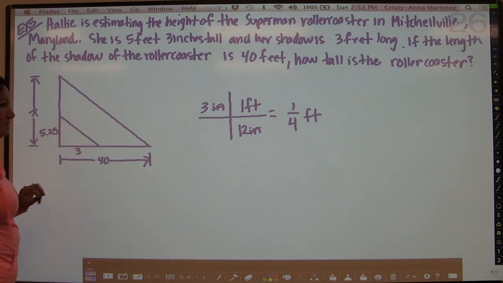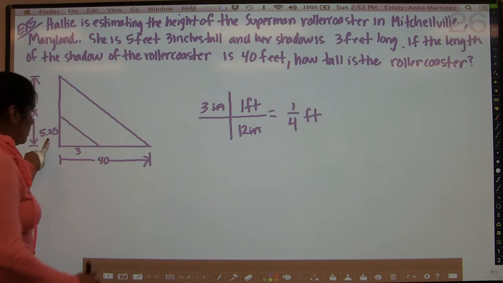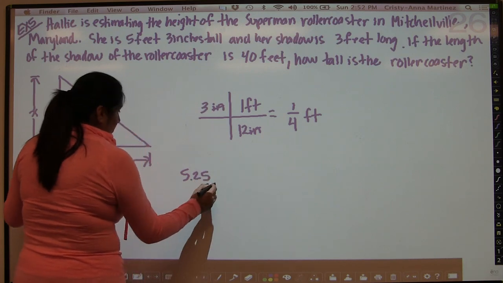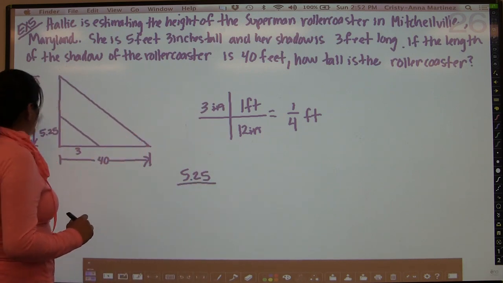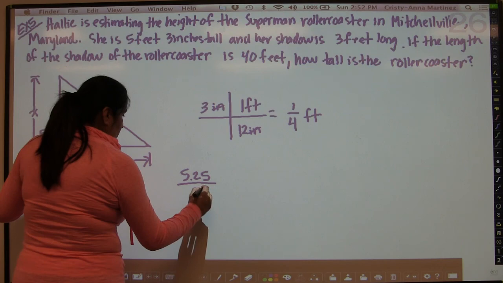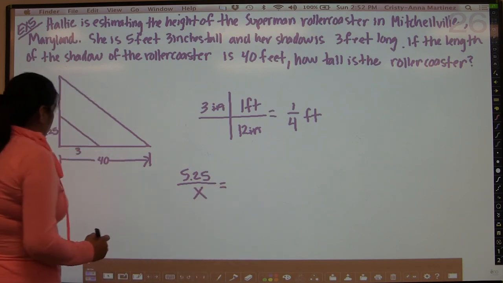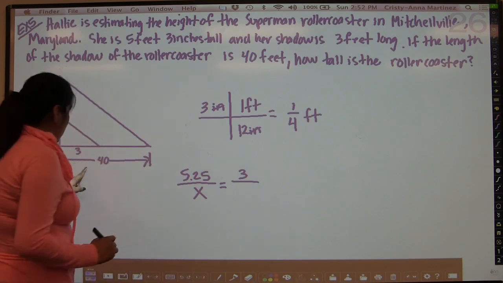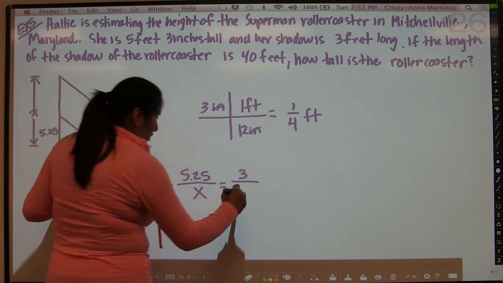Okay, now because these are similar triangles, they have a shared side here, and these are parallel because the angle of the sun is going to cause it to happen. So you have a scenario, and so now what we want to do is just figure out the missing length. And so we're going to say 5.25, which is her height, compared to the height of the roller coaster. And then we're going to put 3 feet, which is her shadow, compared to the shadow of the roller coaster, which is 40.